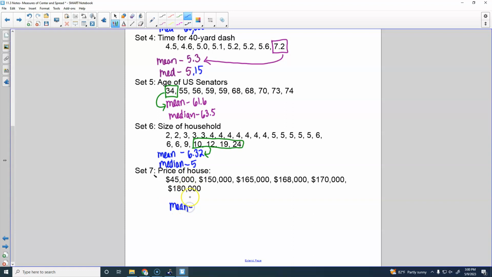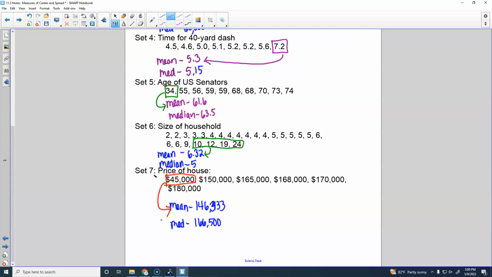All right. What do we got for the mean for 7? $433. And then the median, 333, okay? All right, any outliers? 45,000. So notice here, low outlier, lower mean.